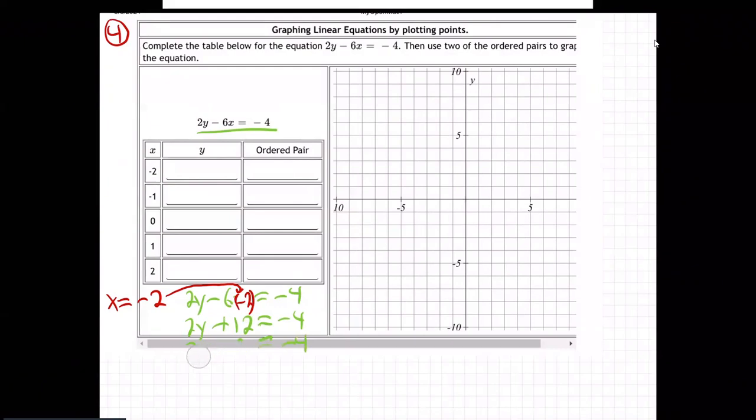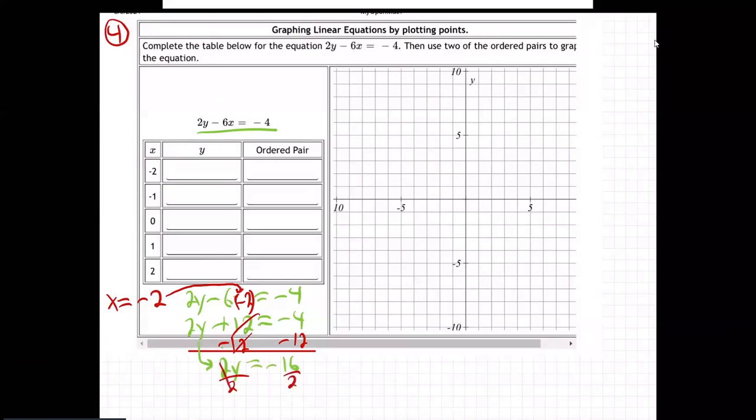Let's just subtract 12 from both sides, because we're solving for Y. So we get 2y is -16.